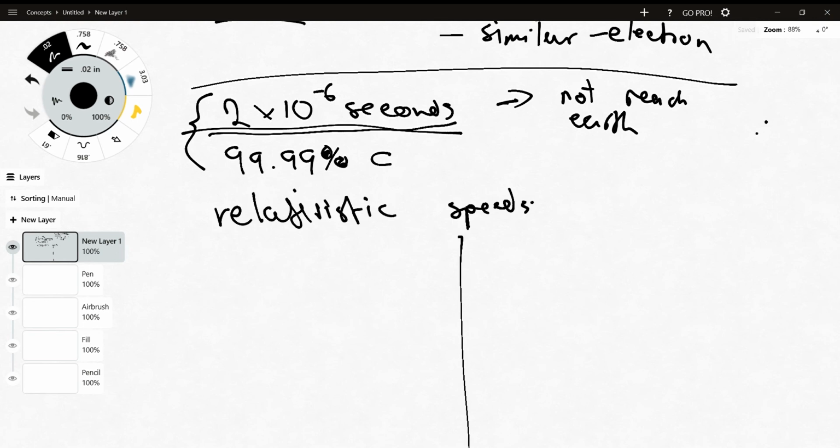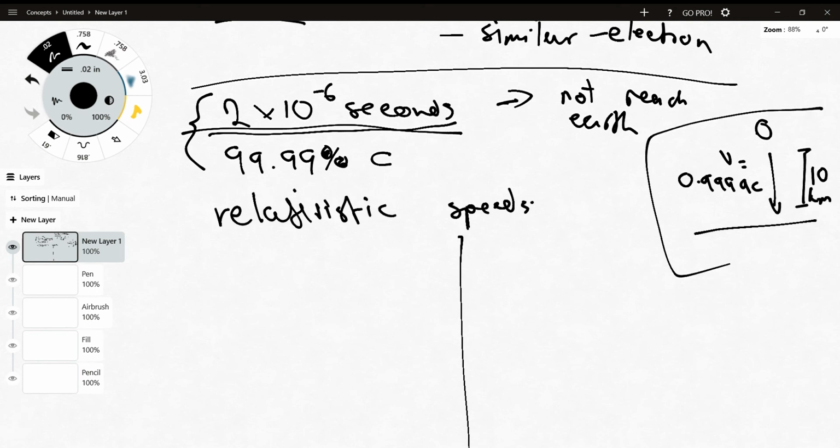So, as our muon falls to the Earth with v equals 0.9999 c, and this height is 10 kilometers, you know, this is just a little tiny graph, color in our muon.